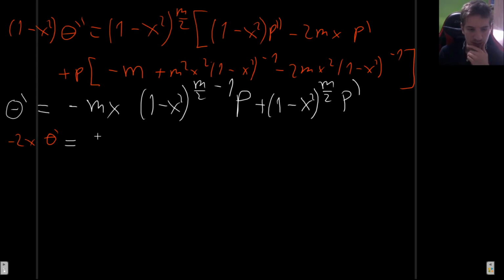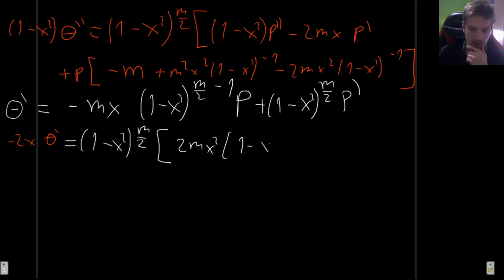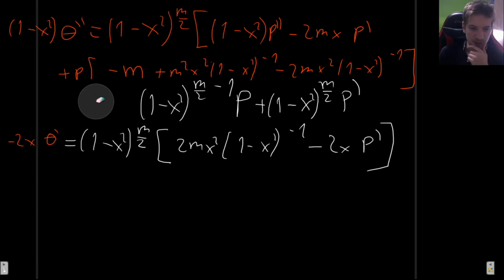So we are going to get 2mx squared times, let's also factor out this. So we get 1 minus x squared to the m halves factor of 2mx squared 1 minus x squared to the minus first power minus 2x p prime. So this is what we get from this first derivative part. Whoops. And okay, I need to use a smaller eraser apparently.